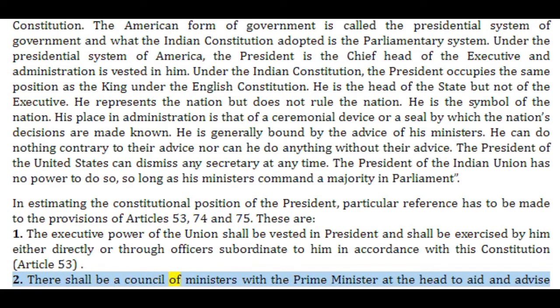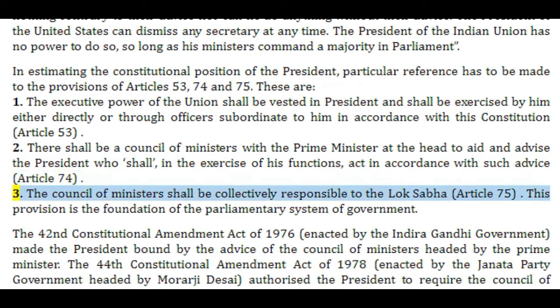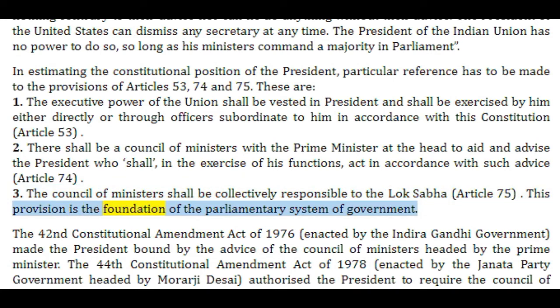There shall be a Council of Ministers with the Prime Minister at the head to aid and advise the President who shall, in the exercise of his functions, act in accordance with such advice, Article 74. 3. The Council of Ministers shall be collectively responsible to the Lok Sabha, Article 75. This provision is the foundation of the parliamentary system of government.